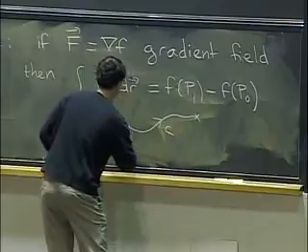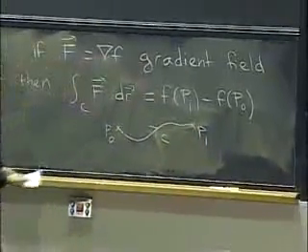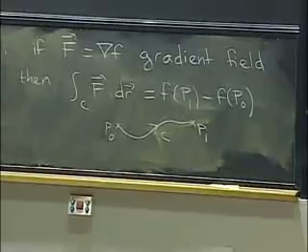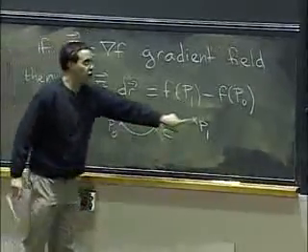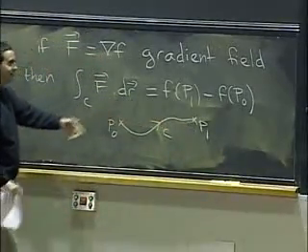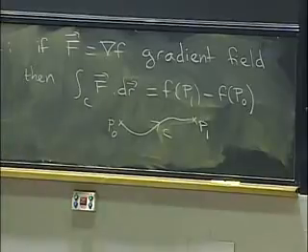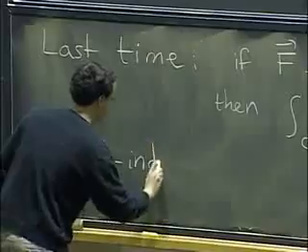So if we have a curve C from a point P0 to a point P1, then the line integral for work depends only on the endpoints and not on the actual path we choose. So we say that the line integral is path independent.